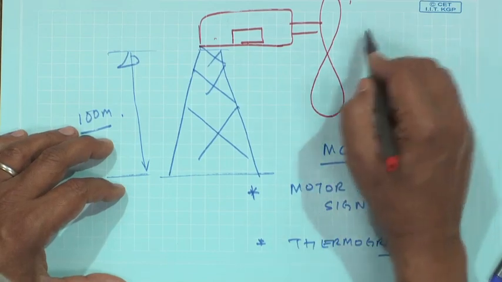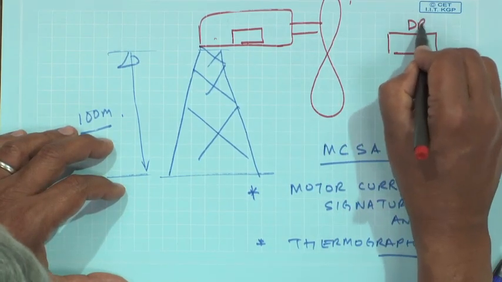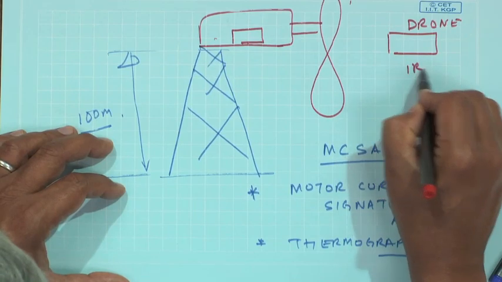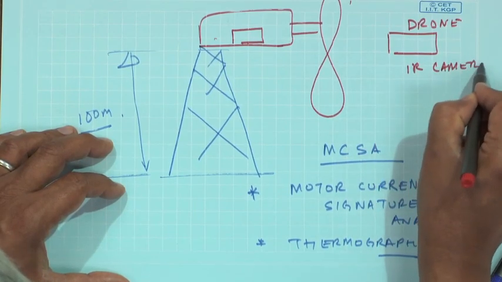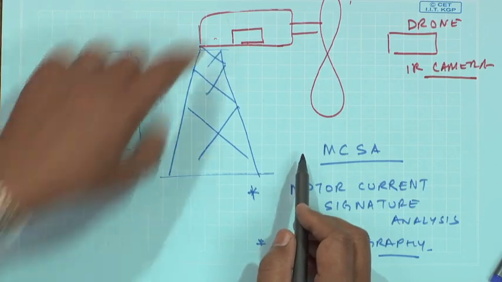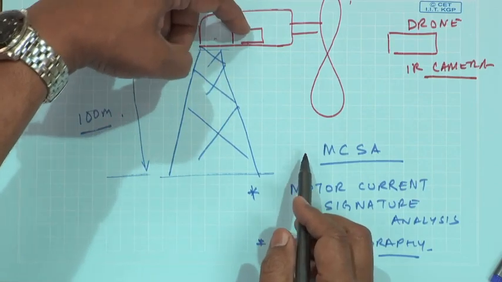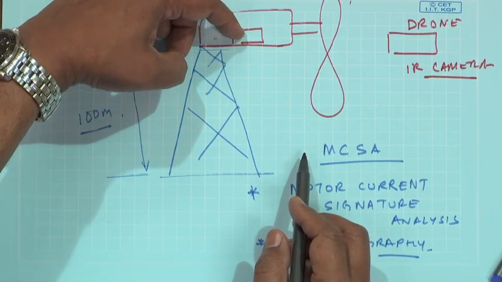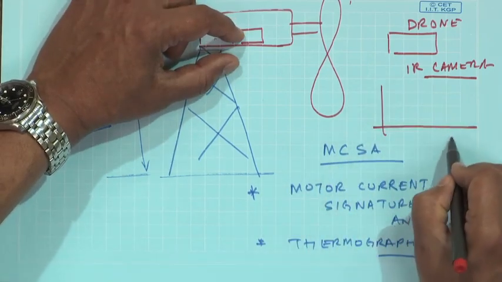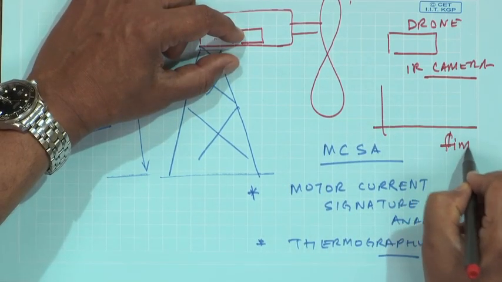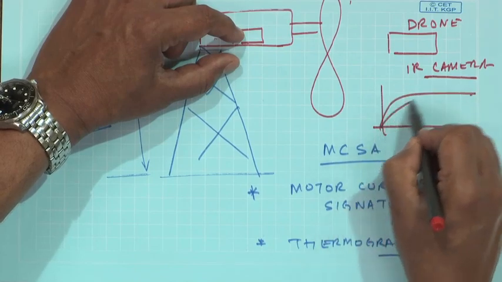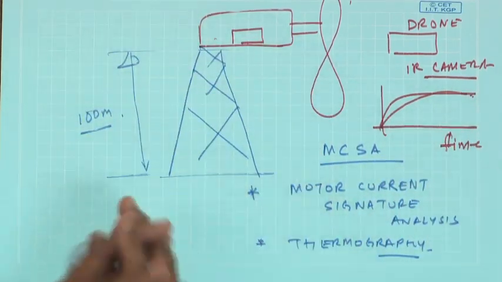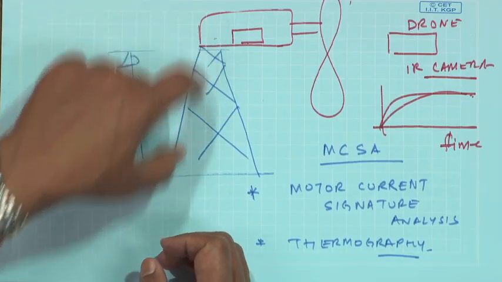Now imagine if you have a drone with an IR camera, and if this drone goes up with an infrared camera, you can measure the temperature of these bearings and acquire it quickly, and then see this rate of rise, and that will be a very easy way to detect misalignment in a large place where conventional vibration monitoring would be difficult.